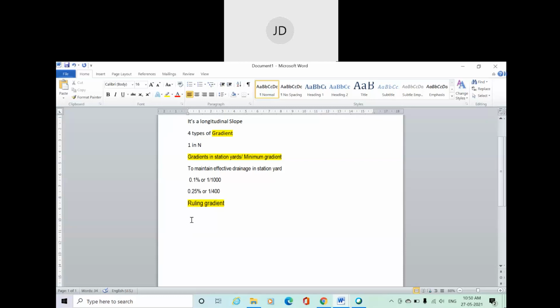Therefore, the ruling gradient is that value of gradient which allows operation with the same engine power effectively.